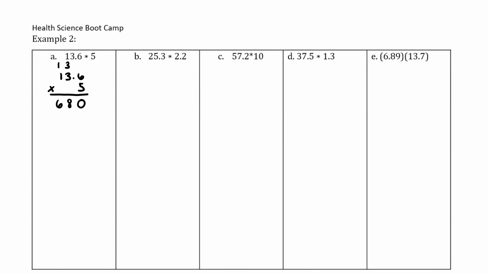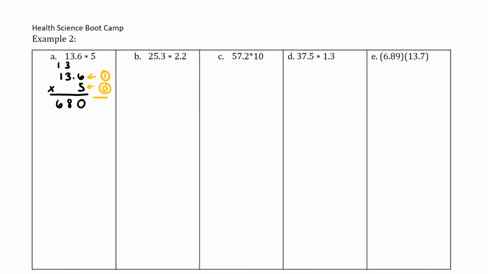Now we have to decide how many place values our problem needs. So my first factor has 1 digit after the decimal. My second factor is just a 5. There were no decimal places.